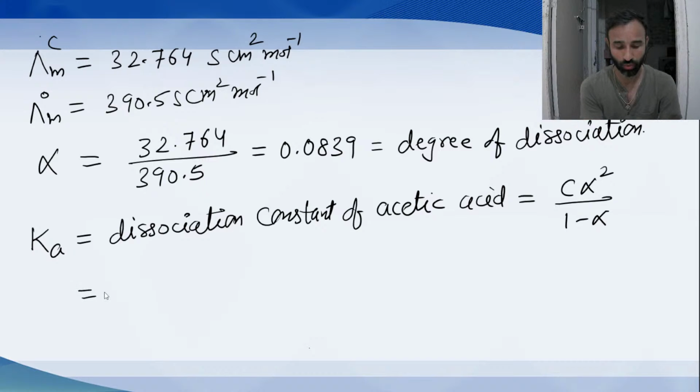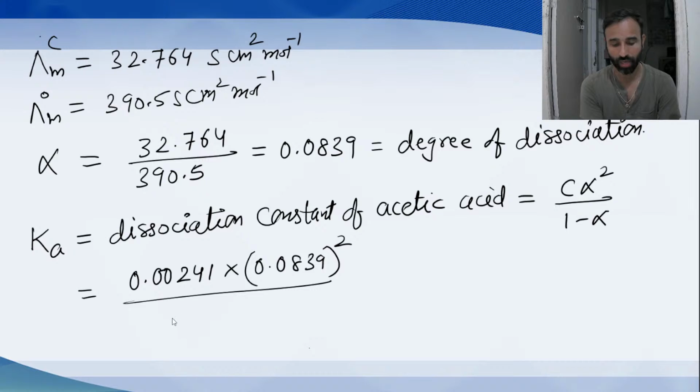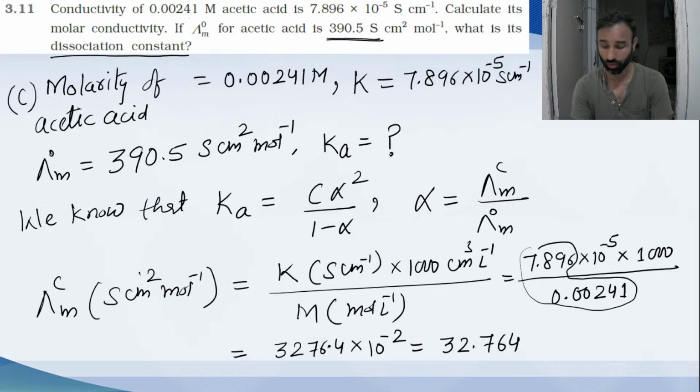Just put the values. C is 0.00241, alpha is 0.0839 raised to power 2, divided by 1 minus 0.0839. So first is 0.00241 into 0.0839 into 0.0839.